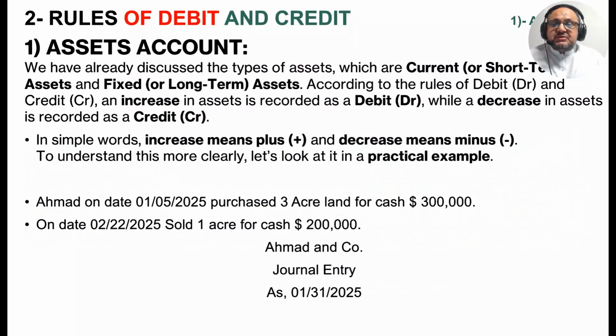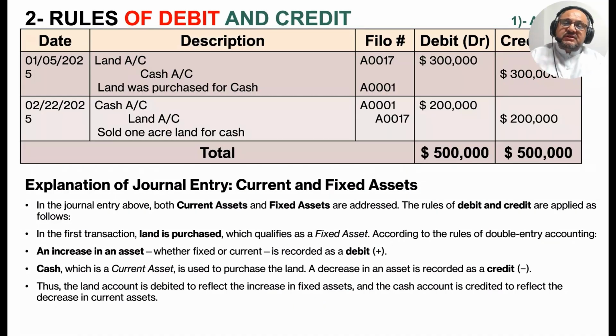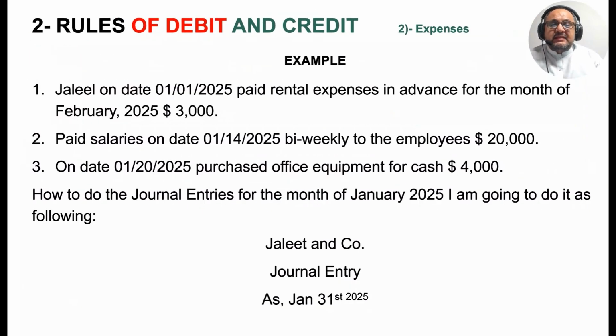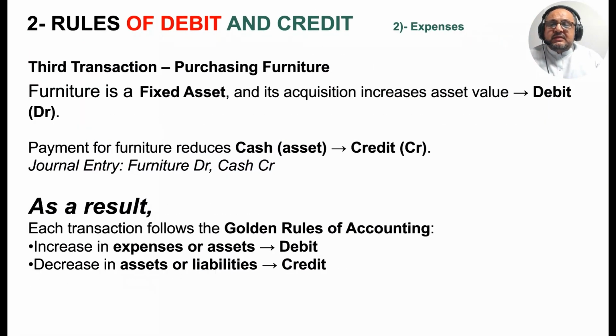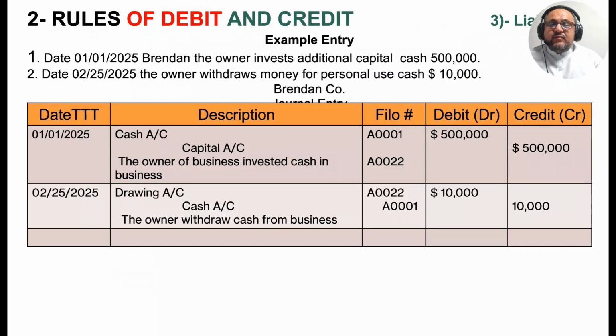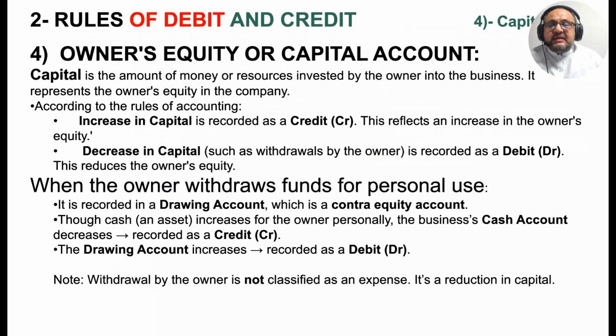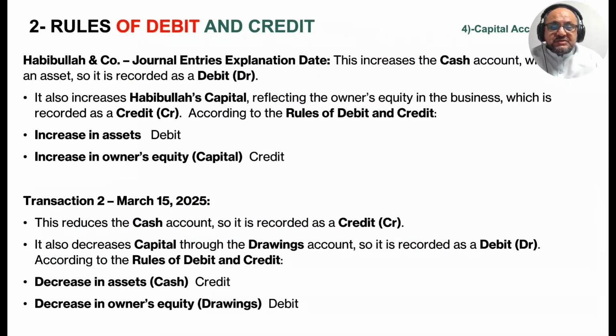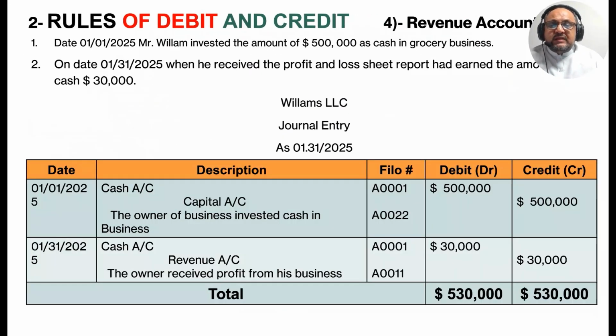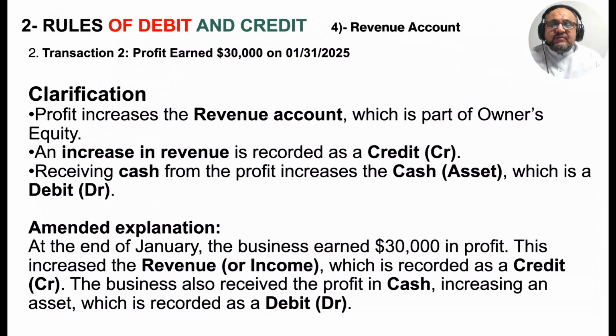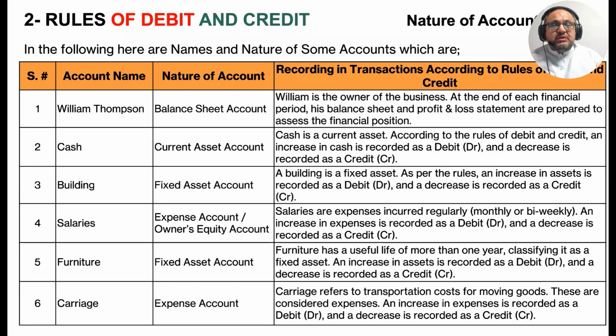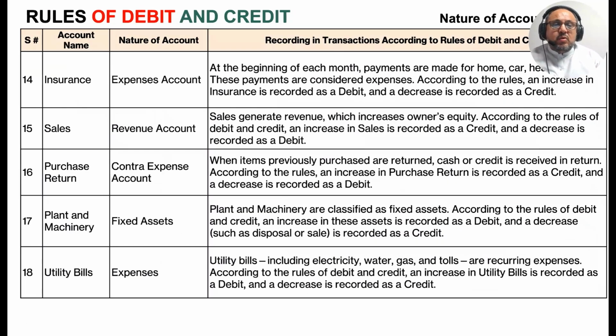In this, I will teach you each one with illustration. This is for the assets, the other one is for the expenses, the third one is for the liabilities, the fourth one is for the owner's equity, and the fifth and last one is for the revenue. I have explained each part of it in each video, and I will teach you everything.